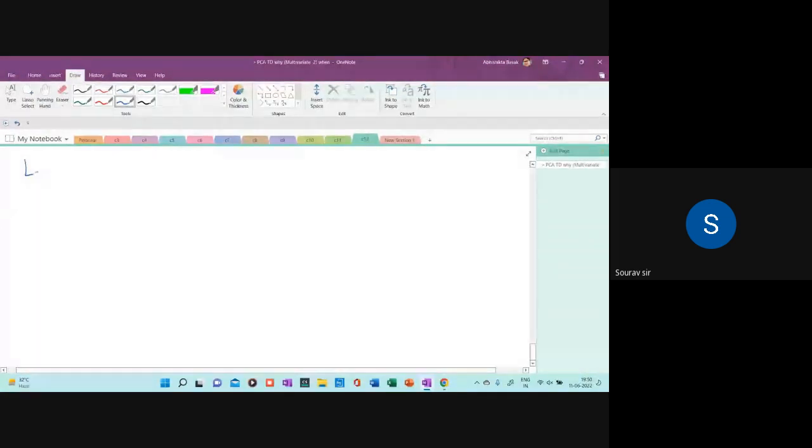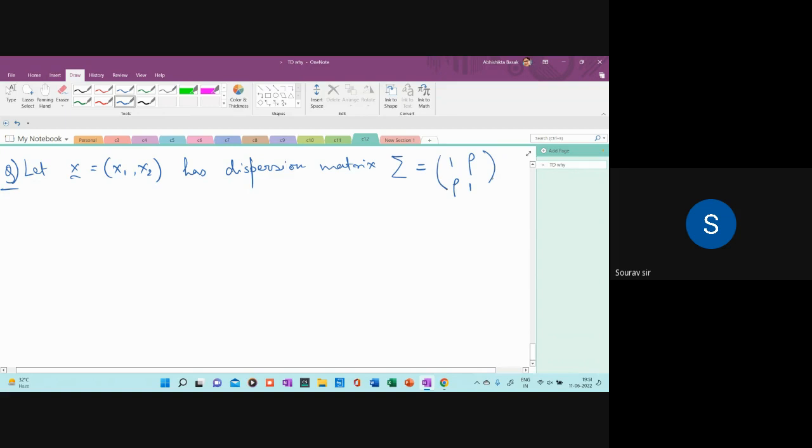Let x curl be x1, x2, which has dispersion matrix sigma, where rho is greater than 0. We need to find the principal components.